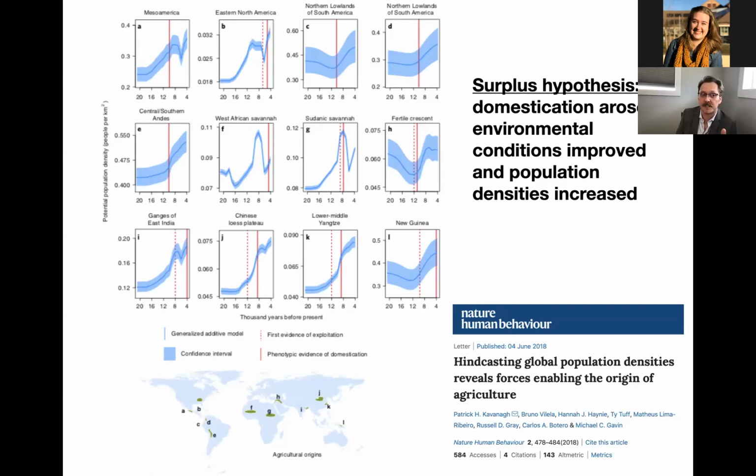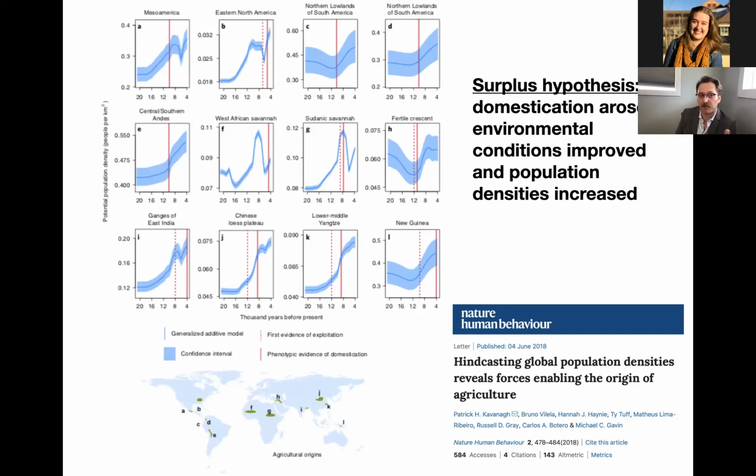The red lines you're seeing: the heavy red line is when we see a genetic signature of domestication in the domesticate. The dotted line is when you see preferential use of the domesticate. In the locations, we don't always have dug up archaeological data for when they started to favor it, but some of those we do.